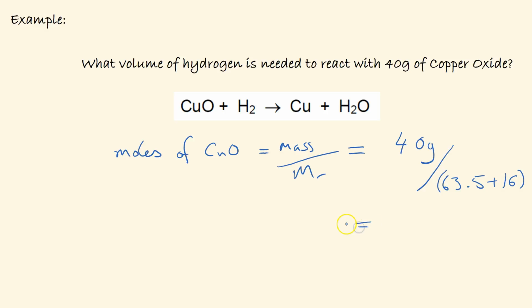We put that into our calculator. This gives 0.503 mole of copper oxide. Here we've got a 1:1 ratio of copper oxide to hydrogen.